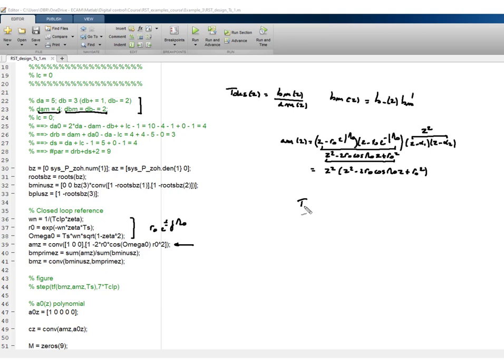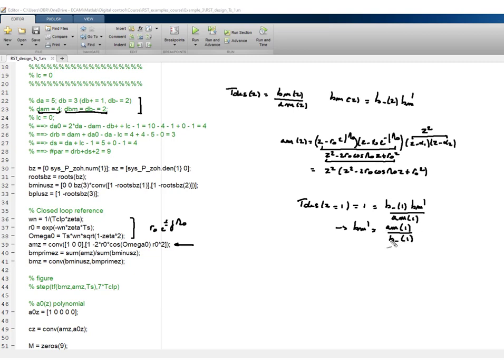We know that the desired closed loop transfer function, the reference model, when evaluated in z equal to 1, should produce 1. This is going to be B⁻(1) Bm'/Am(1). So Bm' is equal to Am evaluated in 1 divided by B⁻ evaluated in 1.